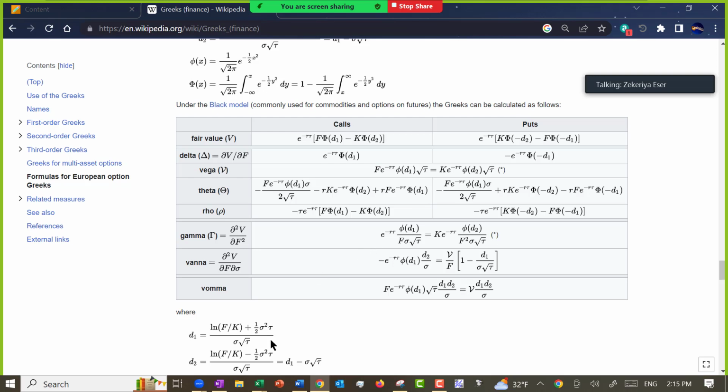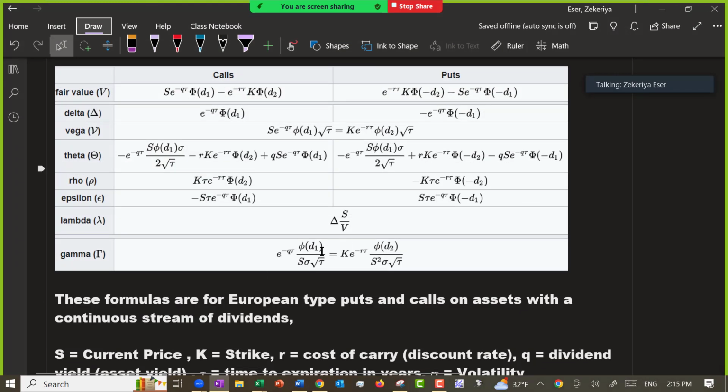For now, it's just regular. Okay, let's do epsilon. Rho and epsilon. Let's do rho first.